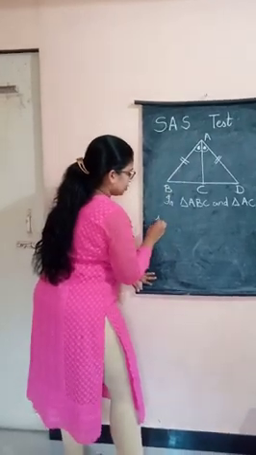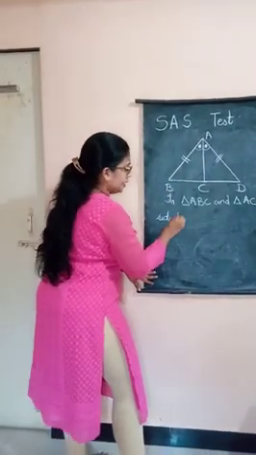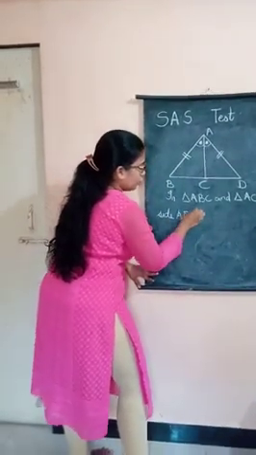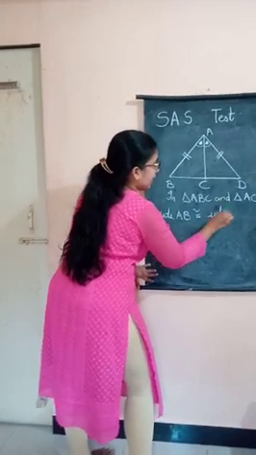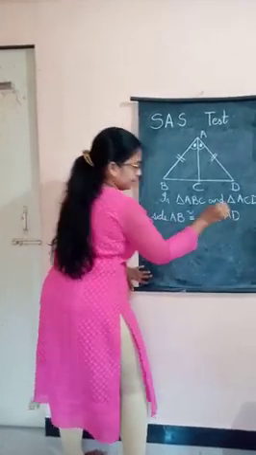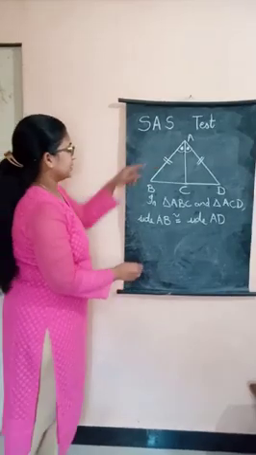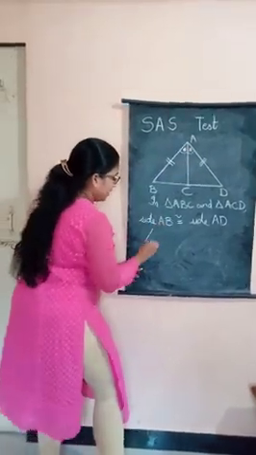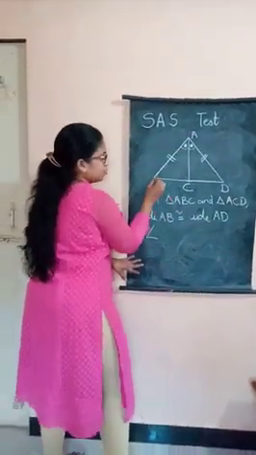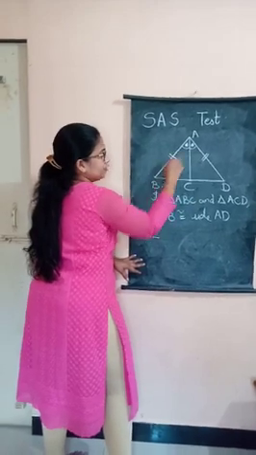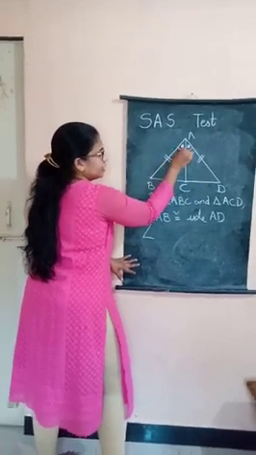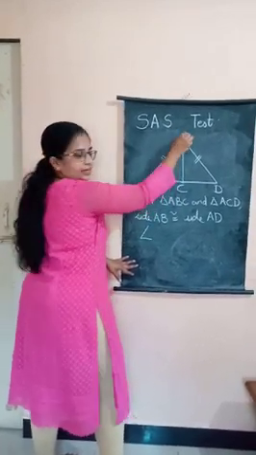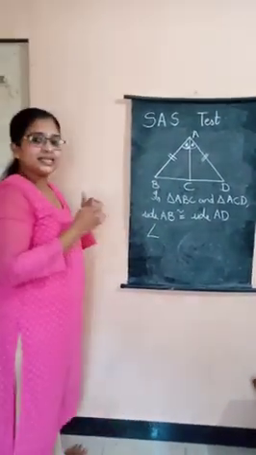The first part which is given congruent is that side AB is congruent to side AD. Next thing that we see is the angle. This is the angle. So you start naming from the ends of the angle. The vertex of the angle we are trying to mention has to be in the center.